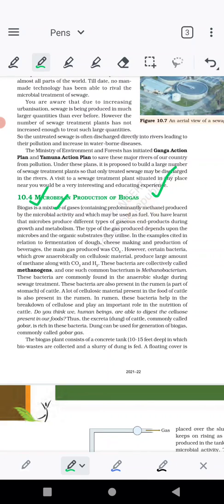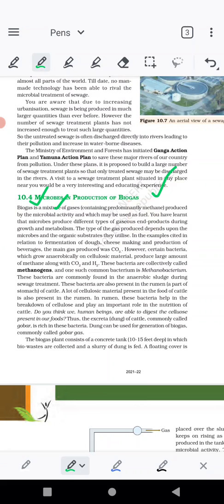From waste products we can produce biogas, and it is very good if any rural or urban area has a biogas plant, because it is completely effective and makes use of waste to make something useful.